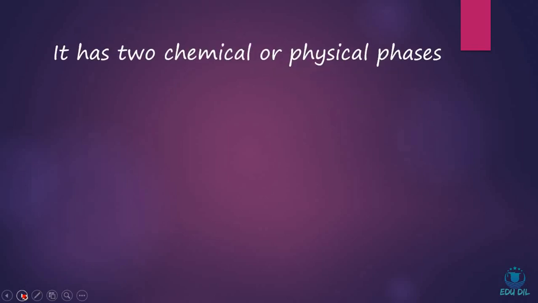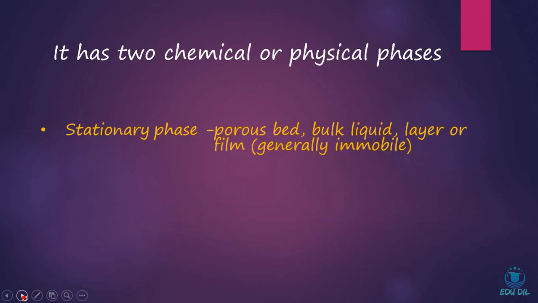In upcoming videos, I'll be talking about different techniques or different types of chromatography. In those techniques, you'll find that each and every chromatographic technique contains 2 chemical or physical phases. What are those 2?